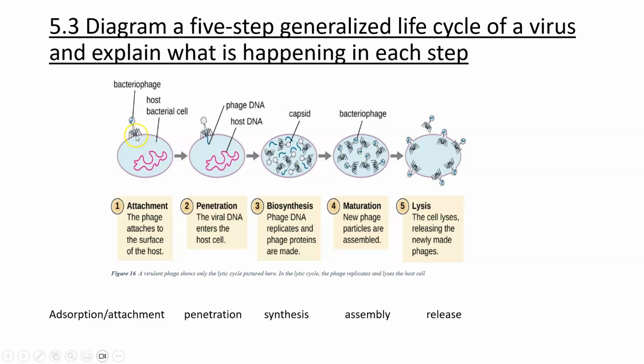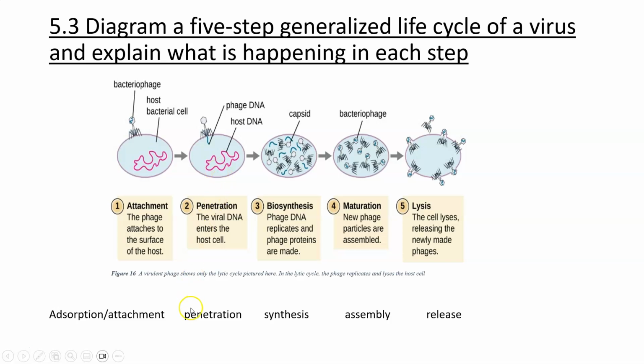And remember, we were talking about how those spikes on the surface of some viruses help recognize receptors on host cells, but every virus has a way to recognize its own host cells. So there's some kind of receptors that allows that virus to attach to the surface of its host.